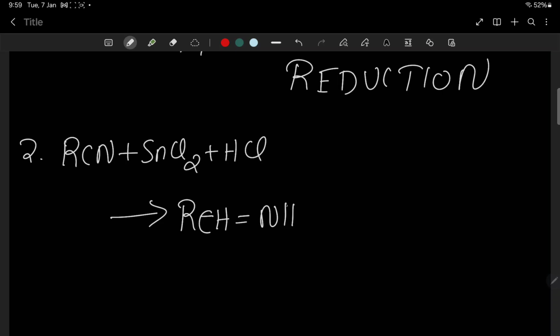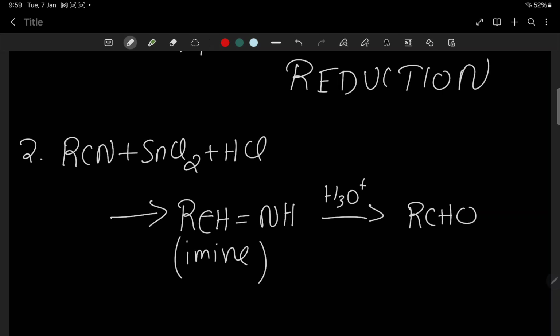This compound, imine, is very important. Many places we will see this. We will be seeing this in the same chapter itself. And if we hydrolyze this imine, we get RCHO, aldehyde.